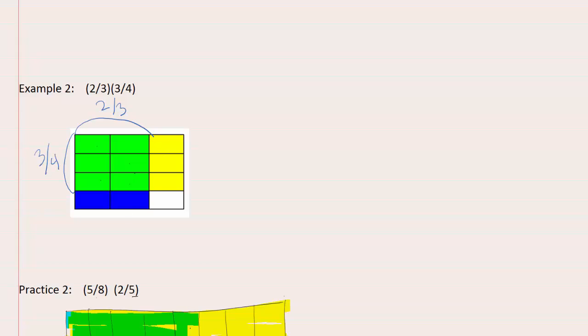So in order to figure out what I get when I multiply 2/3 times 3/4, I'm trying to figure out how much of the box is this rectangle right here. So in this rectangle, I've got 1, 2, 3, 4, 5, 6, 7, 8, 9, 10, 11, 12 smaller rectangles. And up here, I've got 1, 2, 3, 4, 5, 6 rectangles that are actually filled in for my shape.